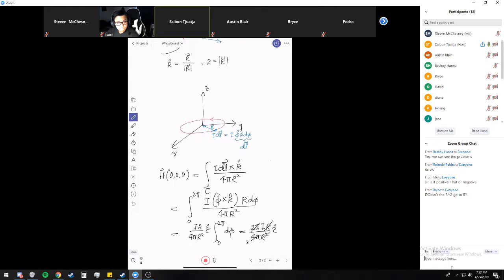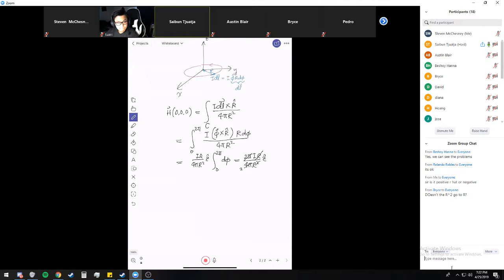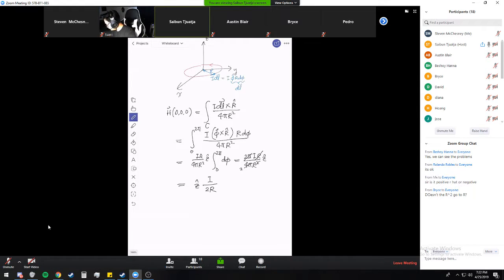H equals z hat, I over 2r. So the total field at the center is I over 2r. So that's the first part, right?